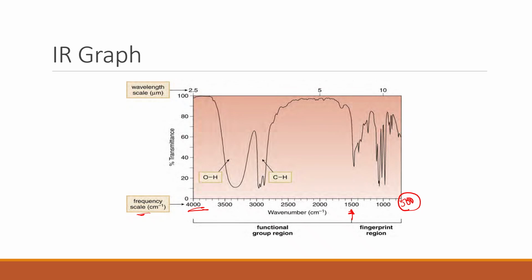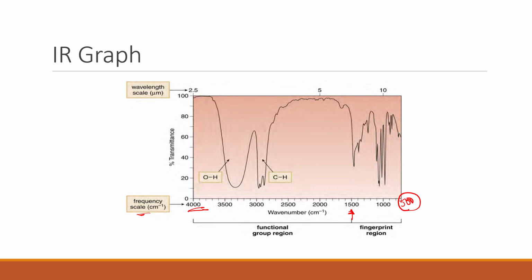It can pick up anything. That is the reason the region between 500 and 1500 alone cannot give you the functional group or what kind of bond is present. So we don't consider the peaks in the fingerprint region alone.